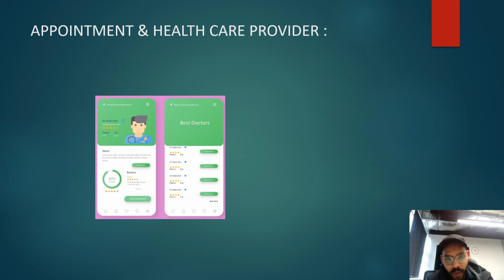The screen of the healthcare provider is in the app as best doctors. So basically, this is the healthcare provider, and you can easily see the doctor's name, his experience, his reviews, and all the things in the appointment screen.